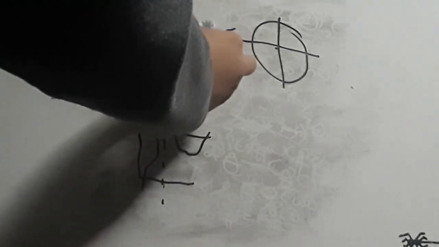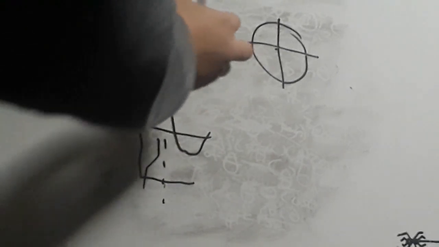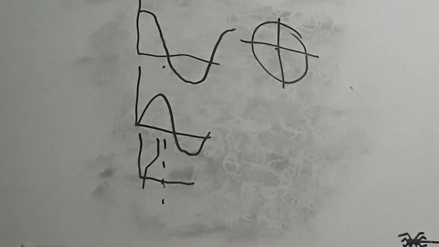So, just using the idea of a unit circle, and we call this 0. We'll call this pi over 2, pi, 3 pi over 2, 2 pi. So, what is the cosine of 0?